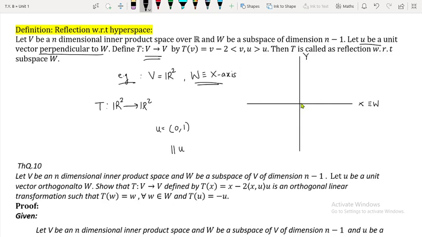Because norm of u is nothing but the square root of the inner product of u with u, which is going to be 1. (0,1) with (0,1): since we are dealing with dot product, it is 0 multiplied by 0, that is 0, plus 1 multiplied by 1, that is 1, which is equal to root 1, and that is 1.